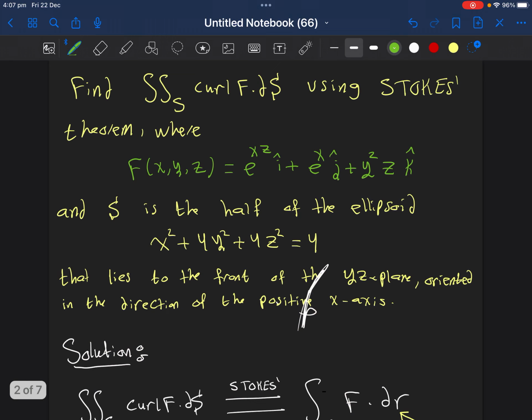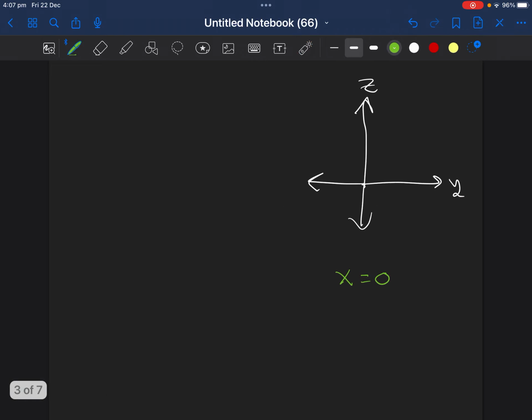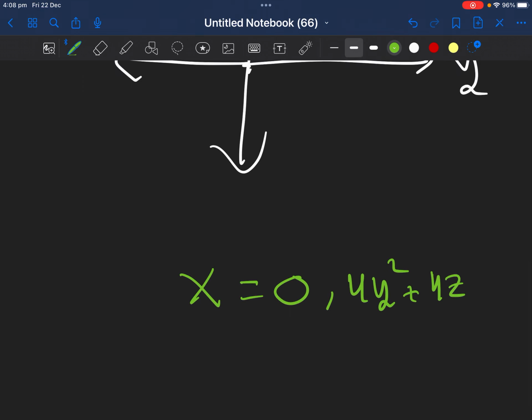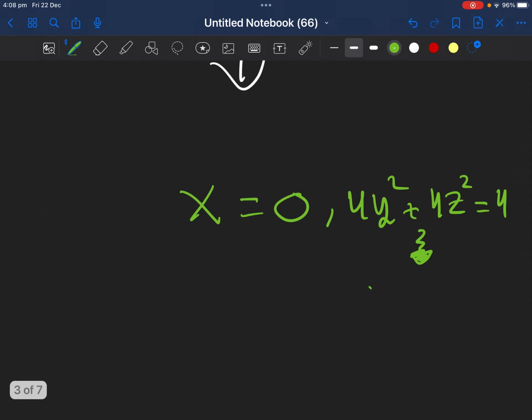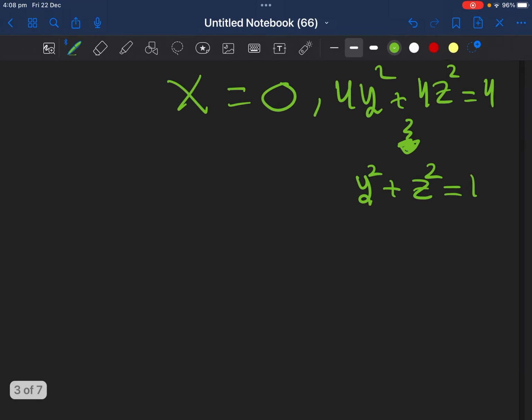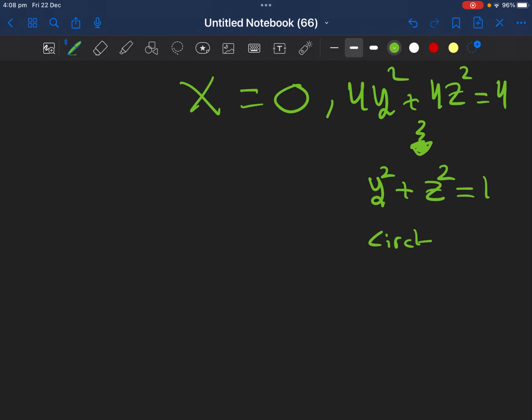If x equals 0 and we substitute 0 in this equation, what we will get is 4y squared plus 4z squared equals 4. Dividing by 4 gives y squared plus z squared equals 1, and this I know, this is just a circle of radius 1 centered at the origin.